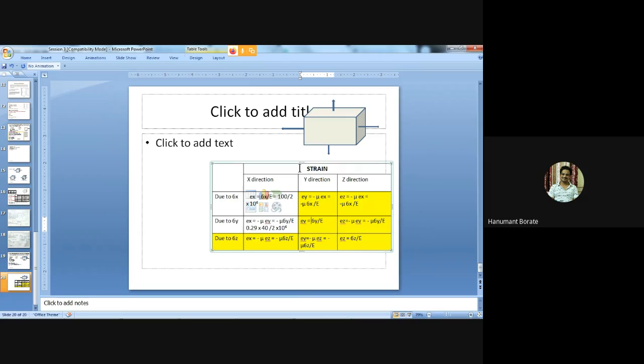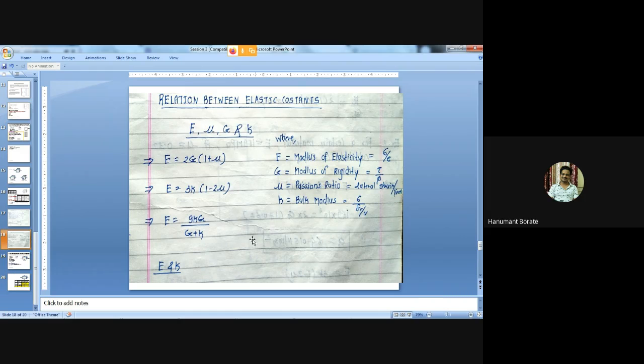Okay, so in this way we can solve the problem on triaxial loading. So this is related to uniaxial loading, biaxial loading and triaxial loading. And sometimes we need to use these relations to calculate other values. K, the bulk modulus, is nothing but the direct stress divided by the volumetric strain.